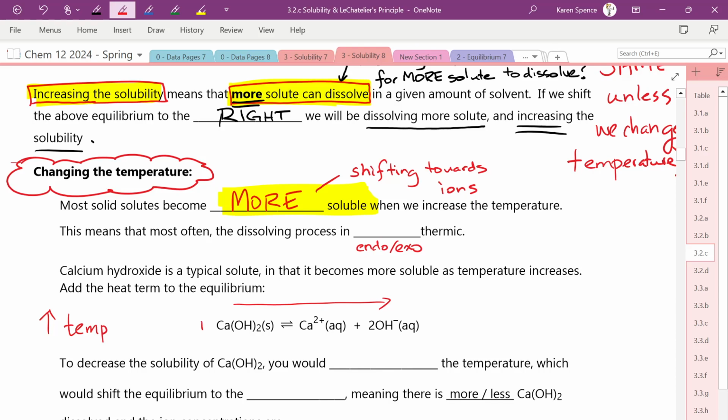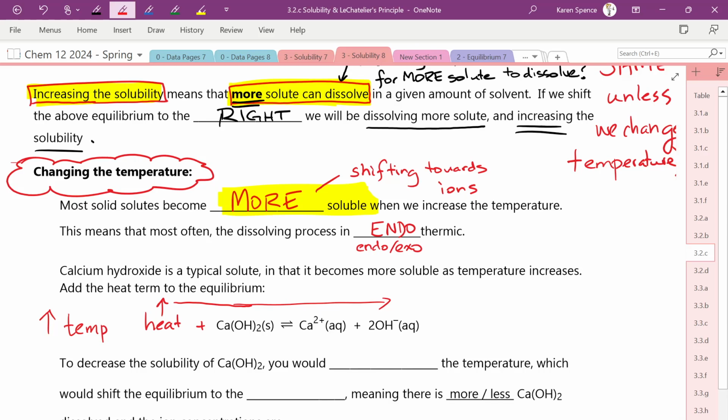It's on the left side. So that means that the dissolving process is usually endothermic. Most dissolving processes are endothermic.